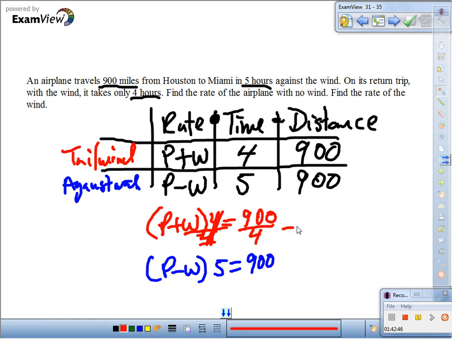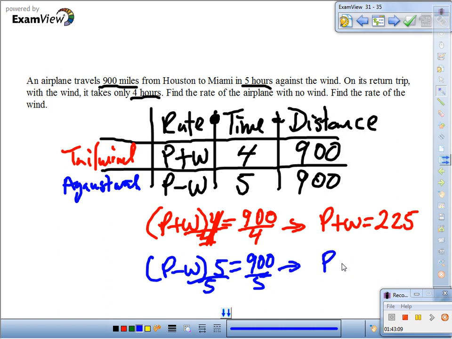We end up with P plus W equals 900 divided by 4, which is 225. For this one we divide by 5, divide by 5. This becomes P minus W equals 180.